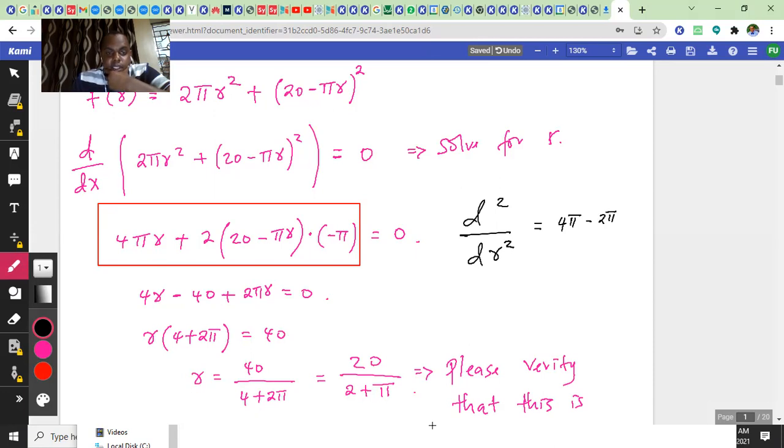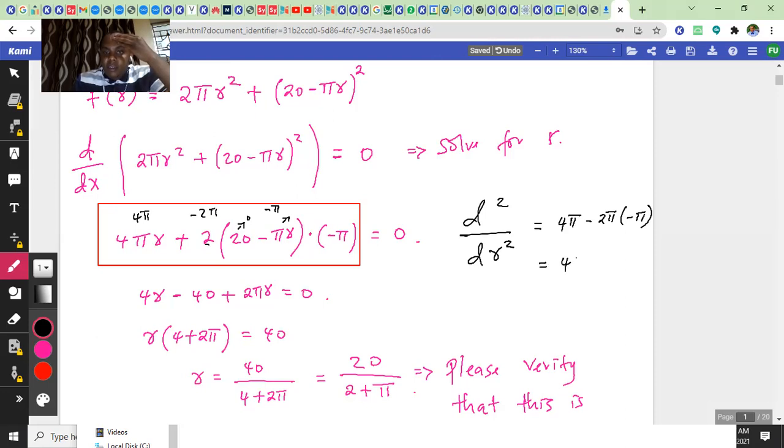But I guess we also have a minus pi, right? We can write this as negative 2 pi. This will be differentiated to 0. This will be differentiated to negative pi. And actually the minus 2 pi and the negative pi give us a positive 2 pi squared.